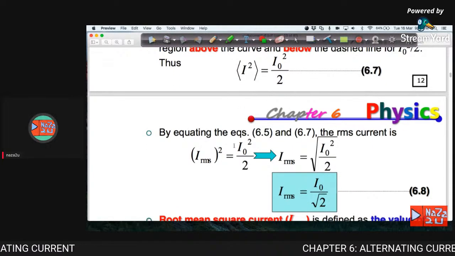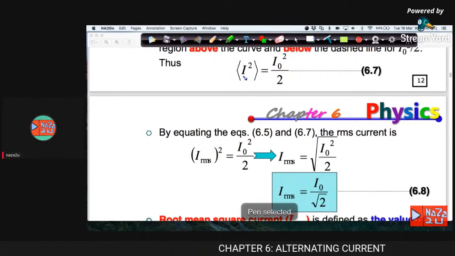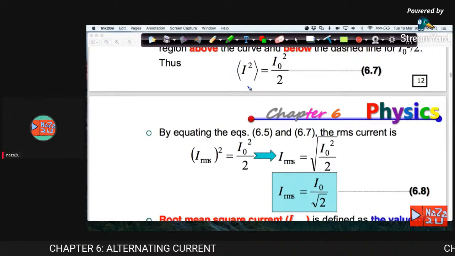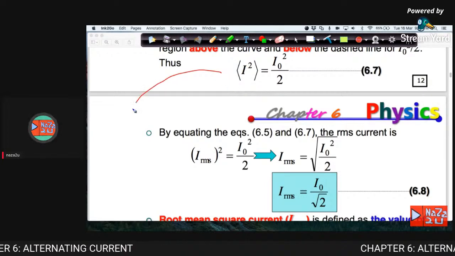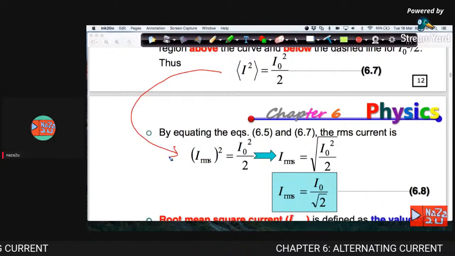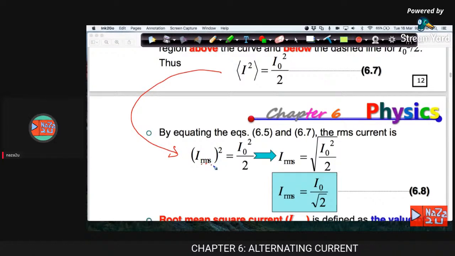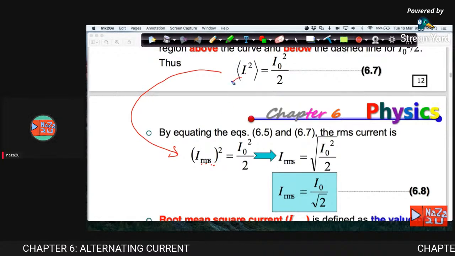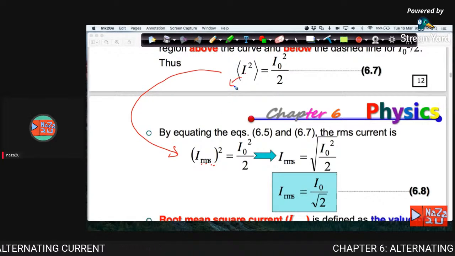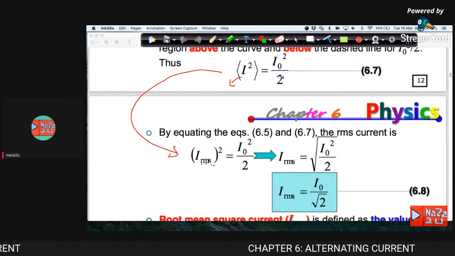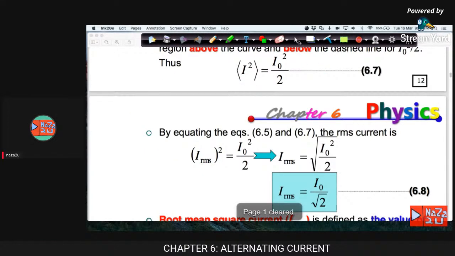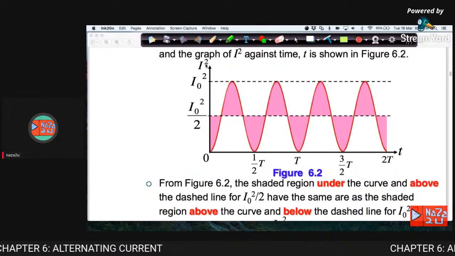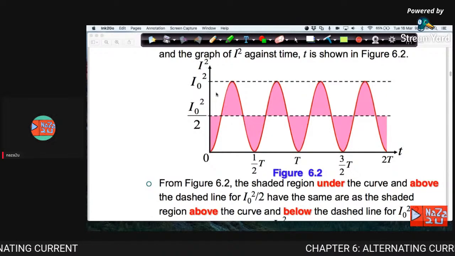Okay, sebenarnya kat sini, bila kita tengok kat sini I square untuk average kat sini, dia sebenarnya adalah sama dengan I root mean square. Apa maksud dia kat sini? Maksudnya, I square kat sini, dari segi matematik, kalau ikut persamaan yang di atas ni, dia adalah root mean square.